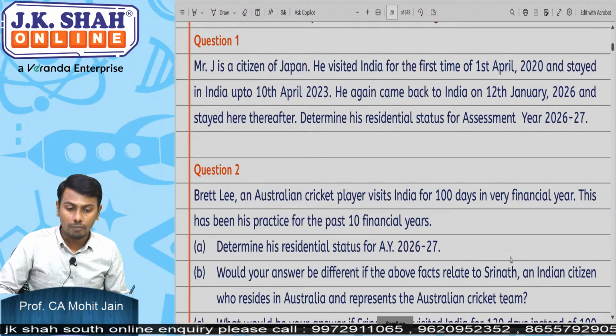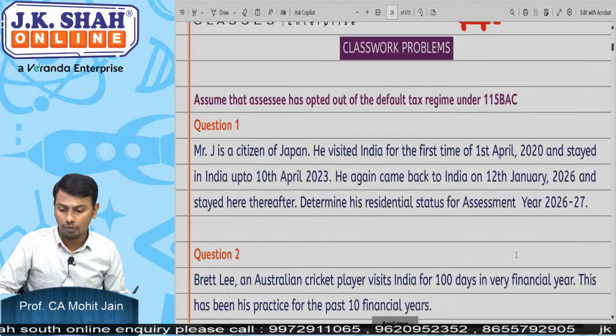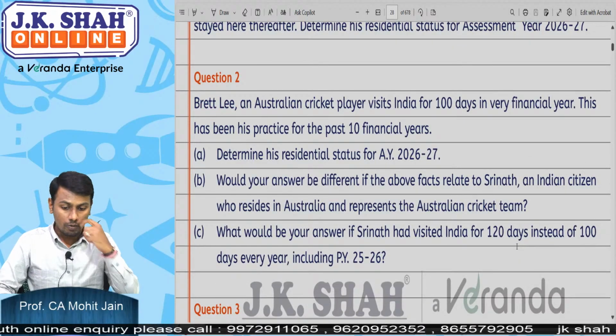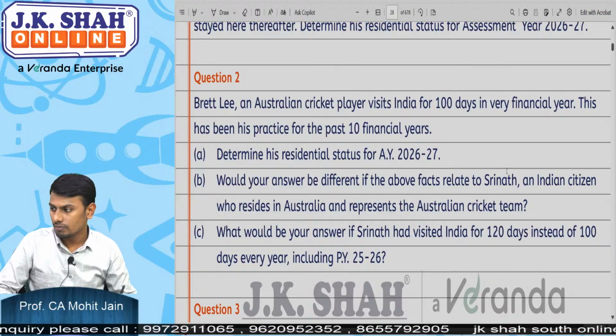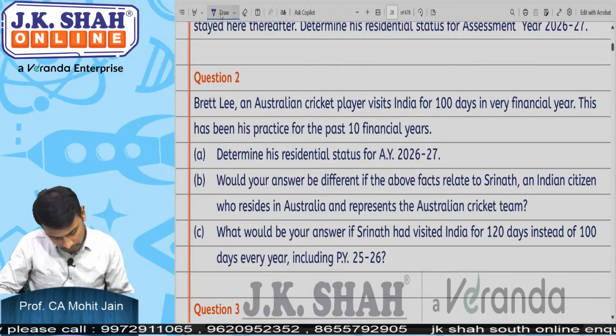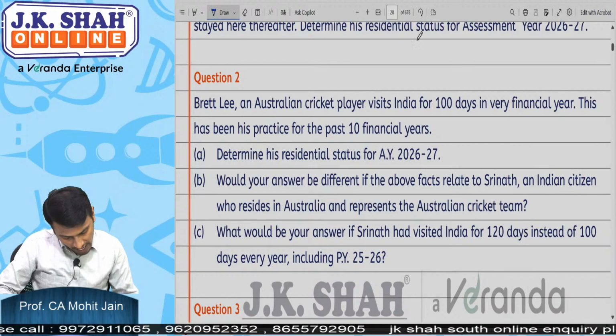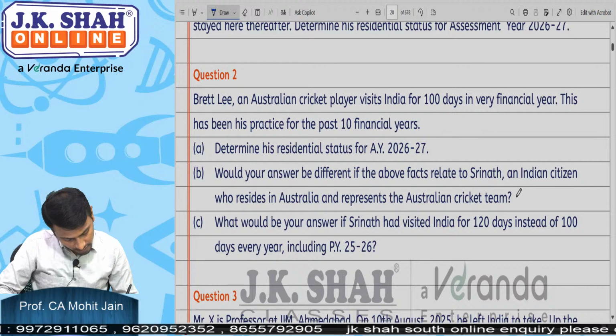Now every one of you, please come to page number 24. Come to question number 2 and just make one change in question number 2. Just add two wordings here.